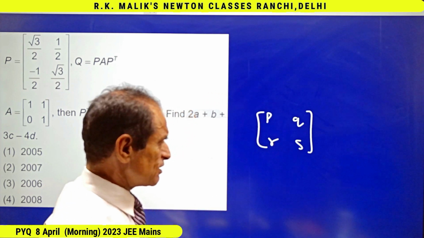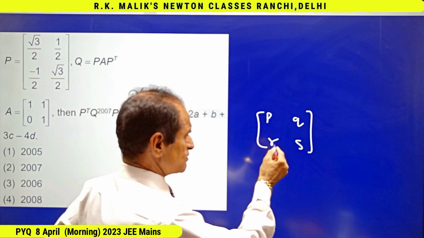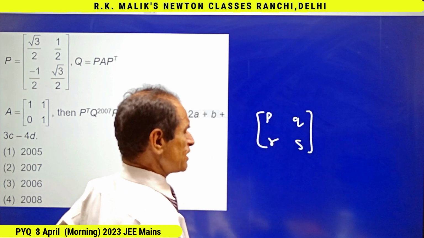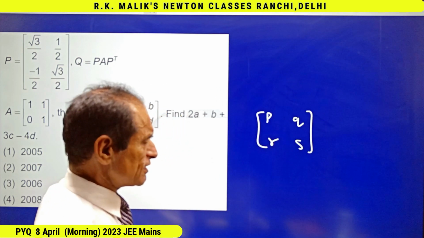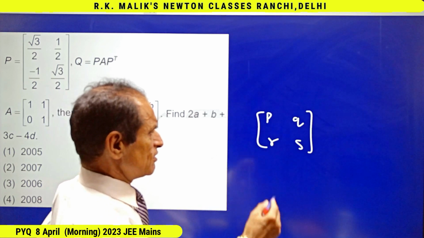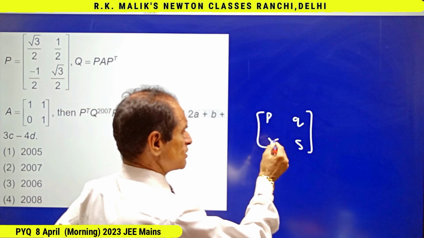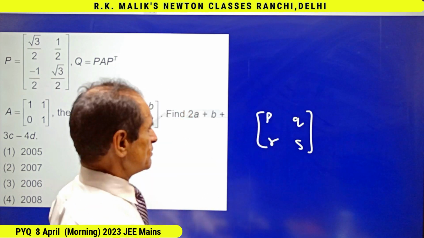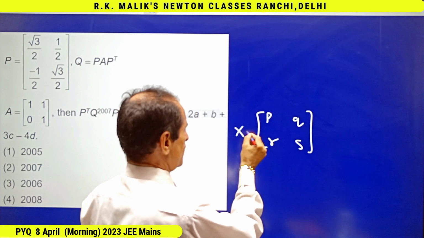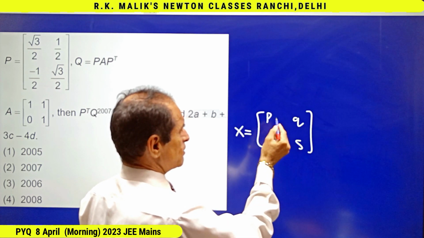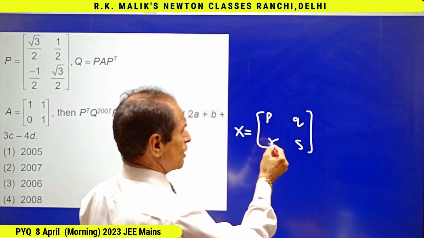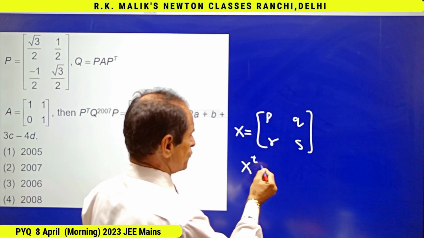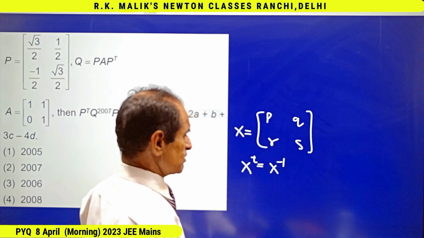Then remember that if you multiply this matrix by its transpose, you will get an identity matrix. That is, for this type of matrix, its transpose is the inverse of the matrix. If I say this is the matrix X and the three conditions I have told you are satisfied, then X transpose will be equal to X inverse.